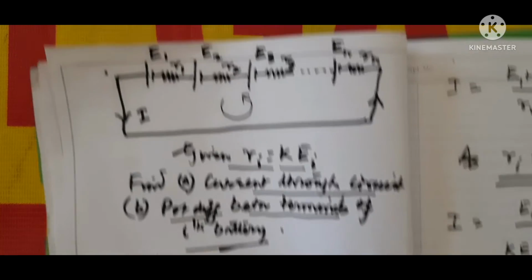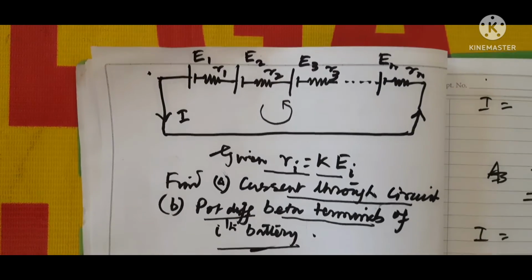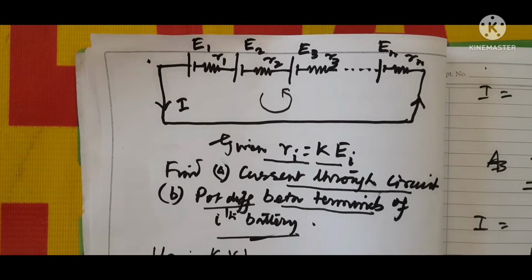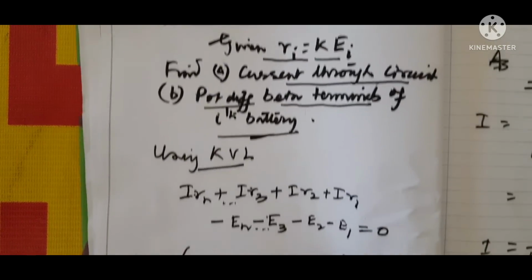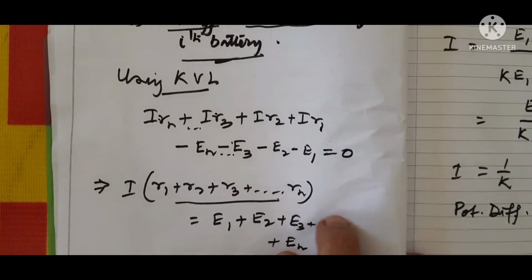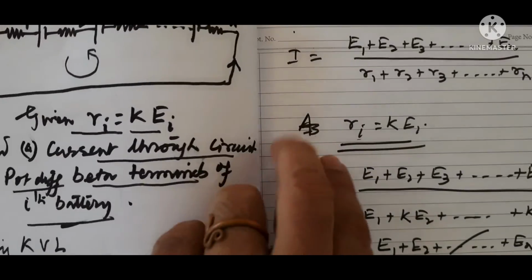Right? This is the circuit, and how we have applied. It is given Ri is equal to K EI, so using KVL, ultimately I is equal to this much.